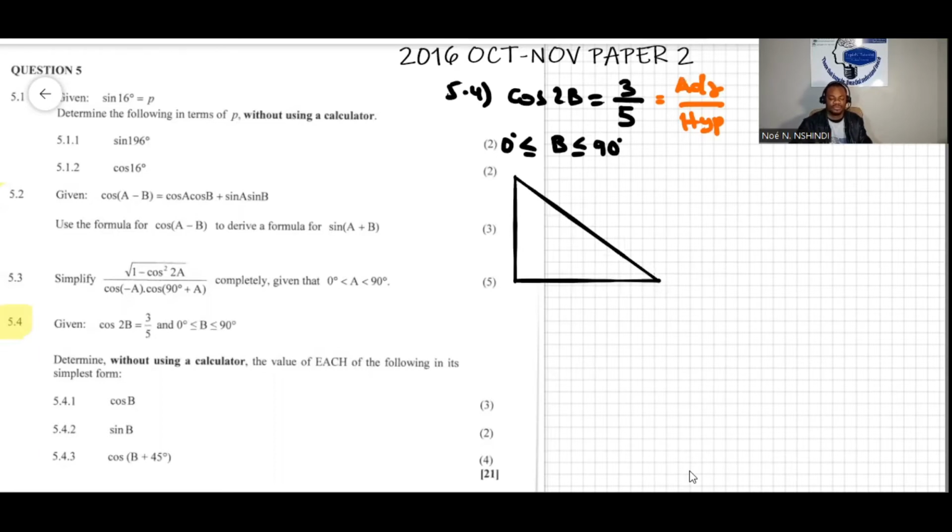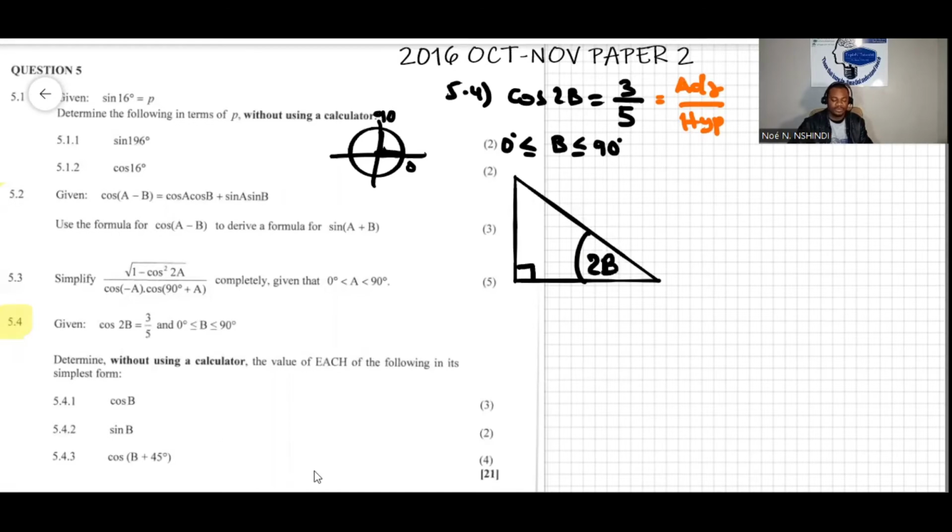If you draw a circle, 0 here and then 90 degrees there. In this first quadrant is where angle B is. Looking at the equation, the angle here is 2B, so let's take 2B.